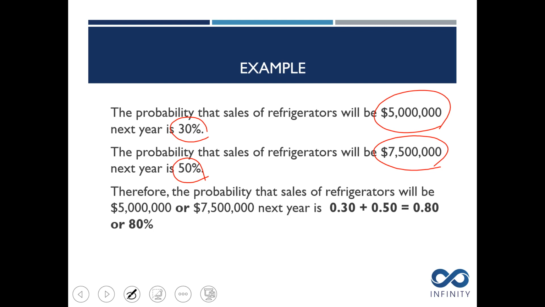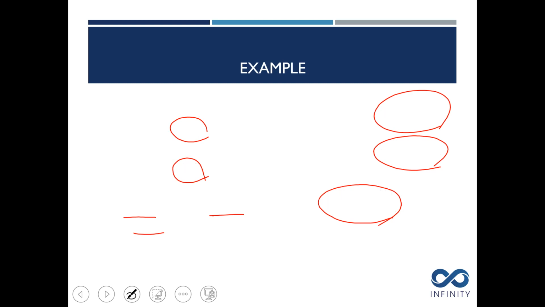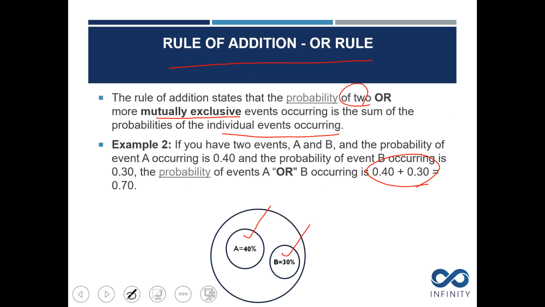So the probability that sales of refrigerators will be 5 million or 7.5 million next year is the addition of both probabilities, or we can say there is an 80% chance that sales of refrigerators next year will be 5 million or 7.5 million. This is what we call the addition rule when events are mutually exclusive.